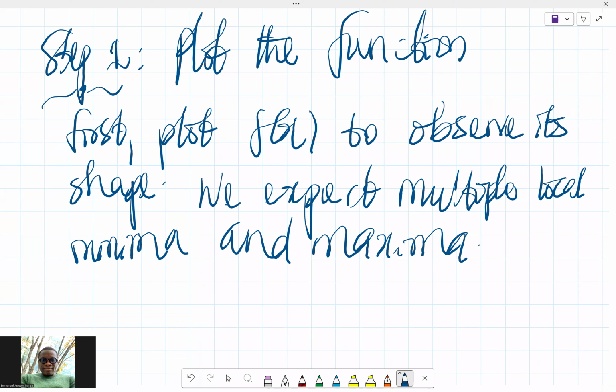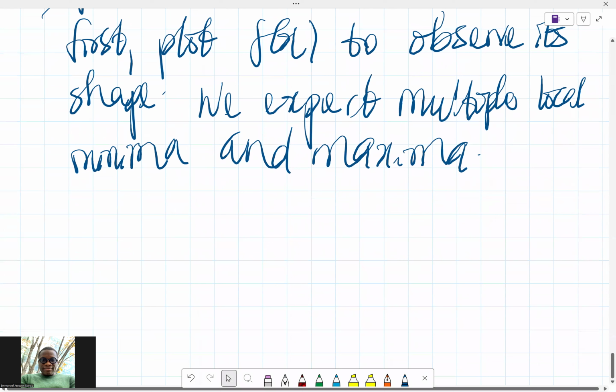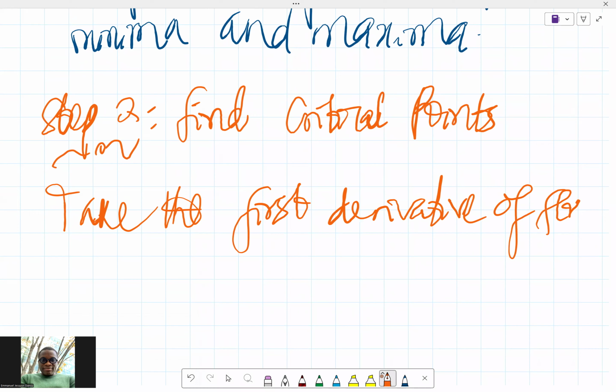I have shown you what the plot looks like from the other page. So let's go for step two. In step two, we find the critical points. What that means is you take the first derivative of f of x.